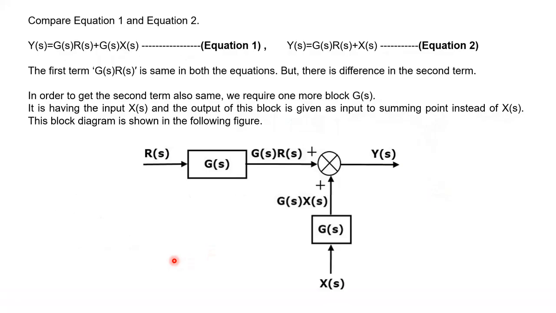Now let us compare these equations. This is your equation number 1, which says Y of S is equal to G of S R of S plus G of S X of S, and equation number 2 says Y of S is equal to G of S into R of S plus X of S. Both say Y of S, and the first term, G of S multiplied by R of S, is the same in both equations, but the second term after the plus sign is different.